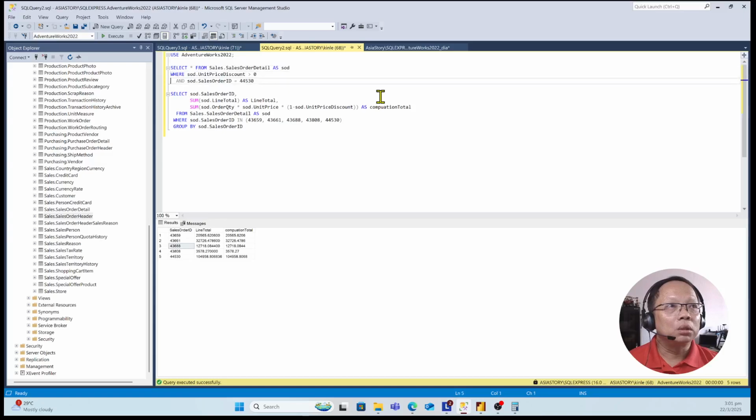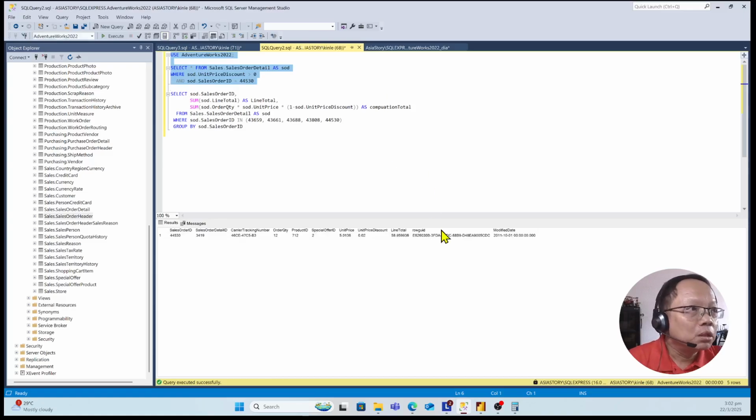If I run this for 44530 with F5, I have a 2% unit price discount here. It will compute my total sales as order quantity multiplied by unit price, minus off the discount, which gives this value, 58.959936.